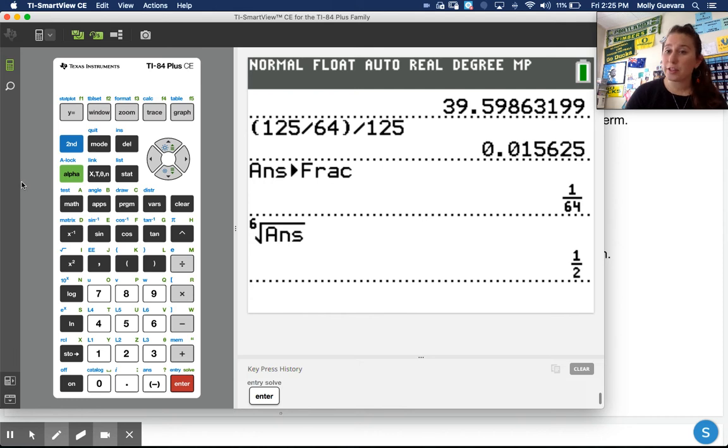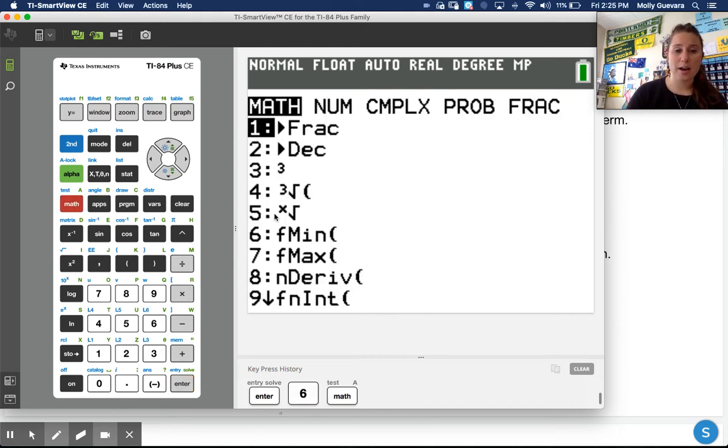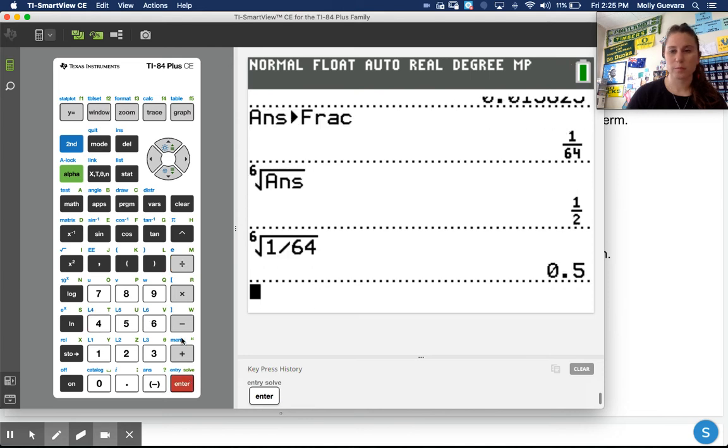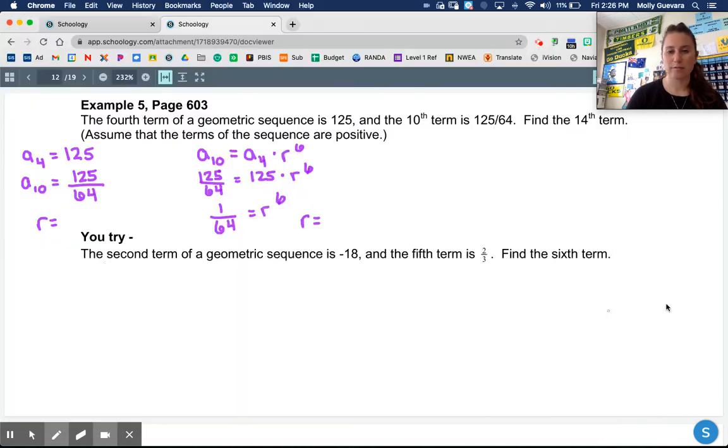The other way that you can do it, if you have one of the older calculators, you'll just have to hit the 6 first, then go to math and number 5, and then it'll put it up there for you, and then you can do 1 divided by 64. Or 1/2. So my r is 1/2.